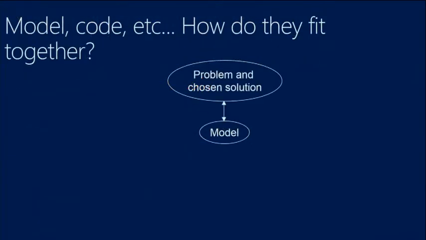So I said I would talk a little bit more about the model word. And here is how I see how model, code, and a few other things fit together. First of all, we start out with the problem and the chosen solution, and we think about the problem and the chosen solution with a mental model, which is kind of abstract.